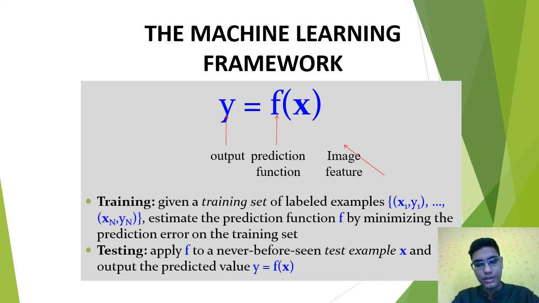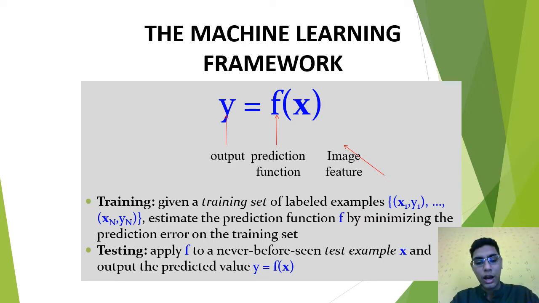Given a training set of labeled examples (x1, y1), (x2, y2), and so on till (xn, yn), it estimates the prediction function f by minimizing the prediction error on the training set. Testing: for testing, we apply the function to a never before seen test example x, and the output, the predicted value, will be y equals f(x).